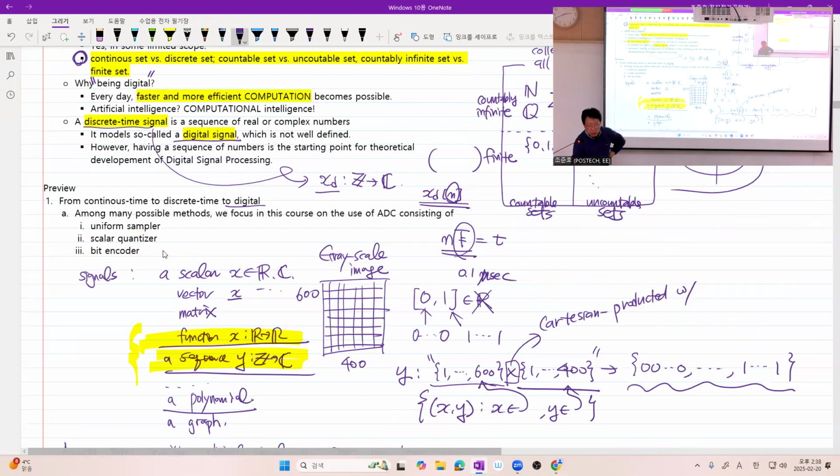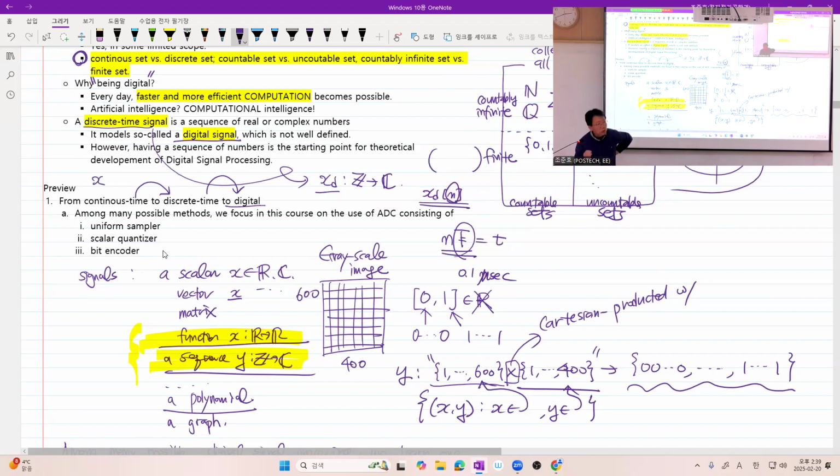There are many ways of conversion from the first step to the second step and also from the second to the third step. There are mathematically very different possible strategies for these conversions. But in this course, and in most cases, what we do is something like this.